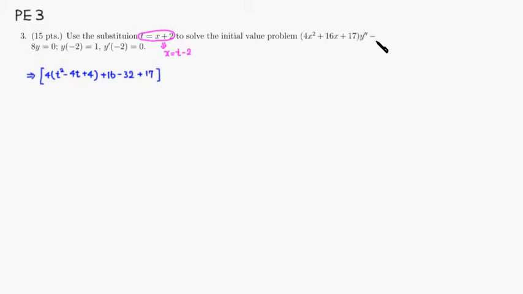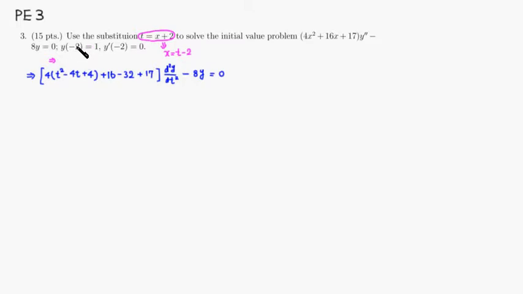Then y double prime, this is a derivative with respect to x, but we can switch it to the derivative of y with respect to t. Then minus 8y, and the right hand side is still 0. Since we're using this substitution, plugging in x equals negative 2 is equivalent to plugging in 0, if you look at y as a function of t.